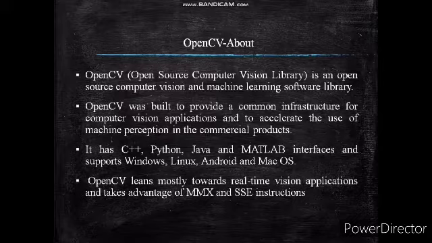There are bindings in Python, Java, MATLAB and Octave. OpenCV was built to provide a common infrastructure for computer vision applications and to accelerate the use of machine perception in commercial products. OpenCV mostly leans towards real-time vision applications and takes advantage of MMX and SSE instructions.